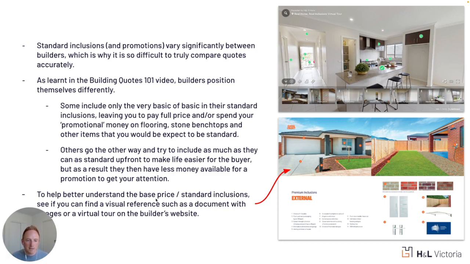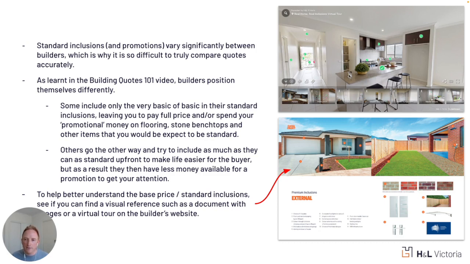A little tip to better understand base prices and inclusions: see if you can go on their website and find virtual tours or visual references. On the right, you'll see a couple of ours. Here's a virtual tour. We call it the Real Home, Real Inclusions virtual tour, and you can find it on our website. Basically, that's us walking through a standard home, and all the little ticks show you what's included, with a couple of little red ones giving you a bit of information, a tip on something to help you learn.